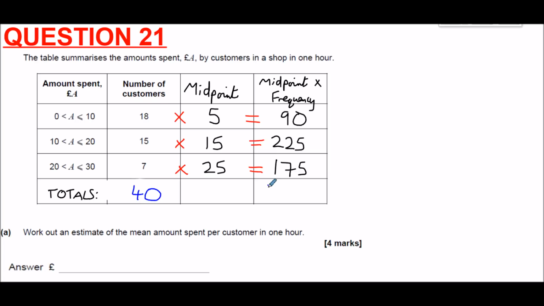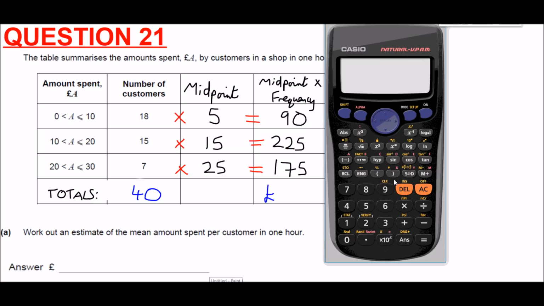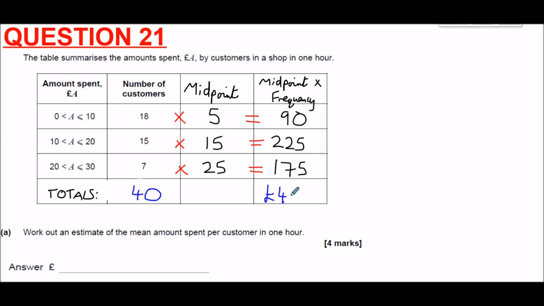And the estimated total spend is going to be the total of all these rows here, this column. So 90 plus 225 plus 175 gives a total of 490.